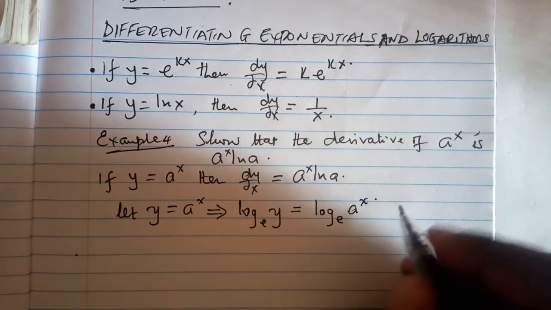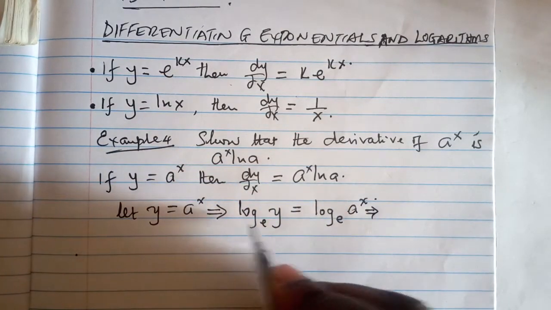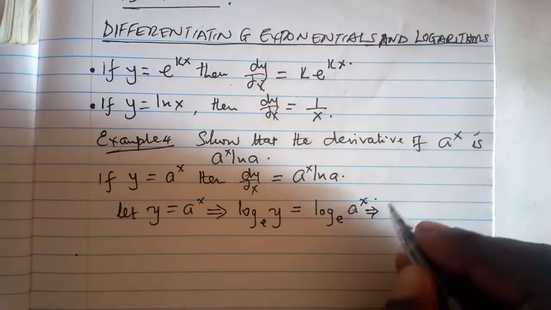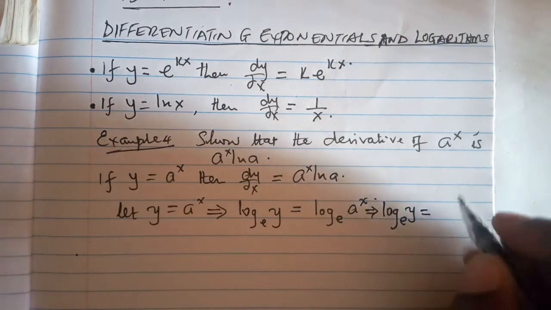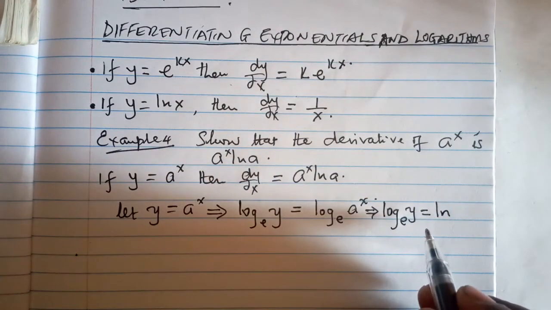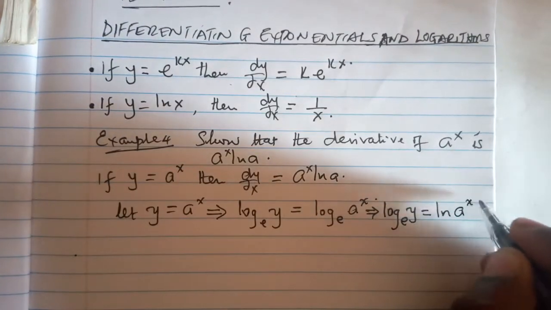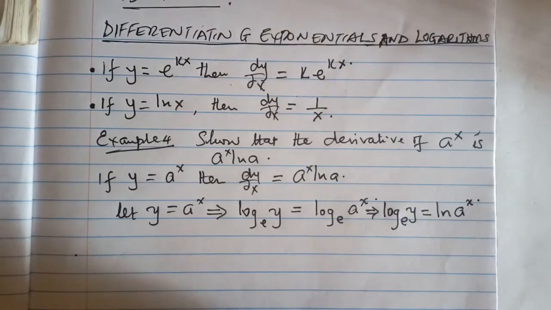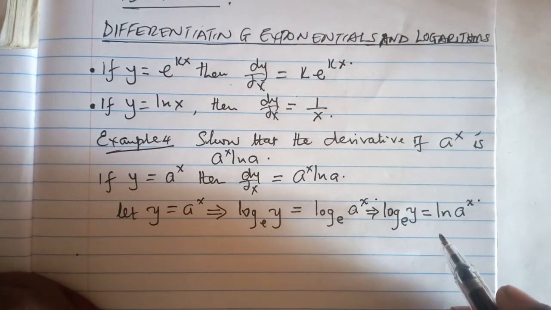And if we can rearrange this without changing the meaning, we are going to say log to base e of y is equal to ln a raised to x, because ln is simply log to base e. And this is in logarithmic notation.